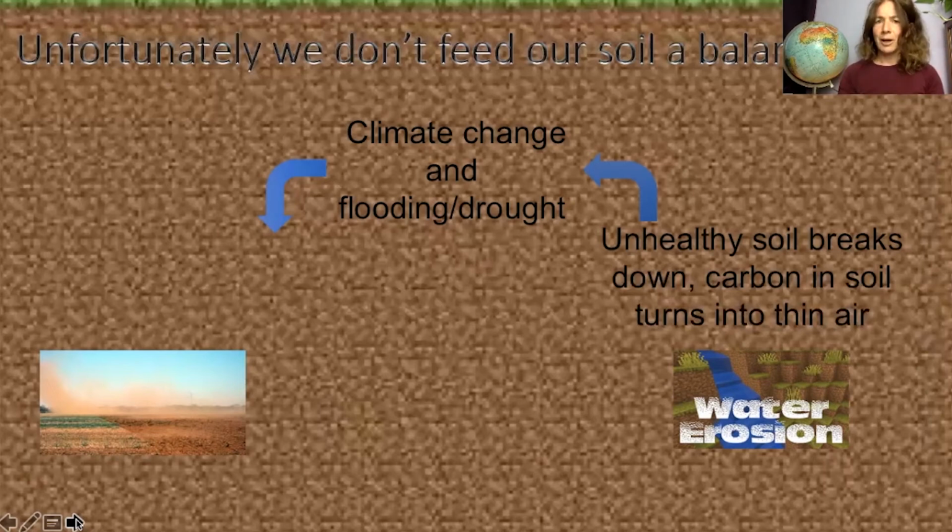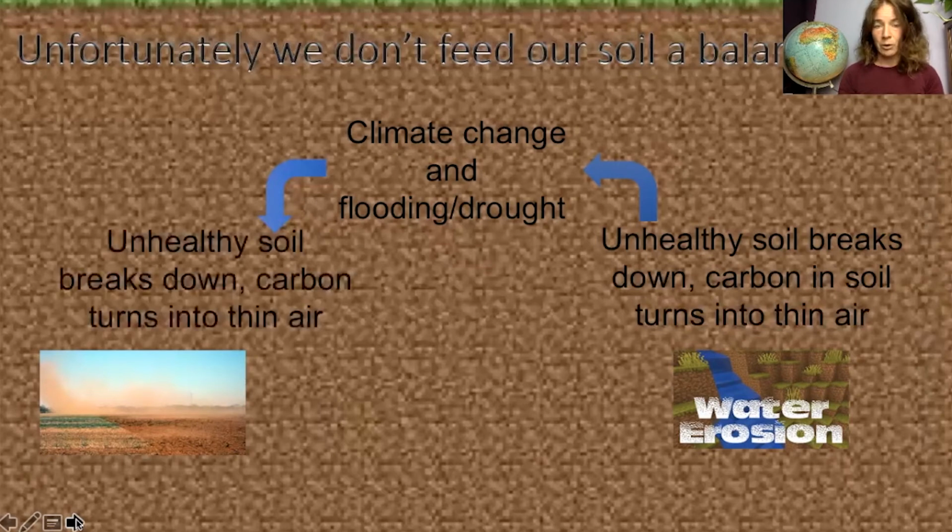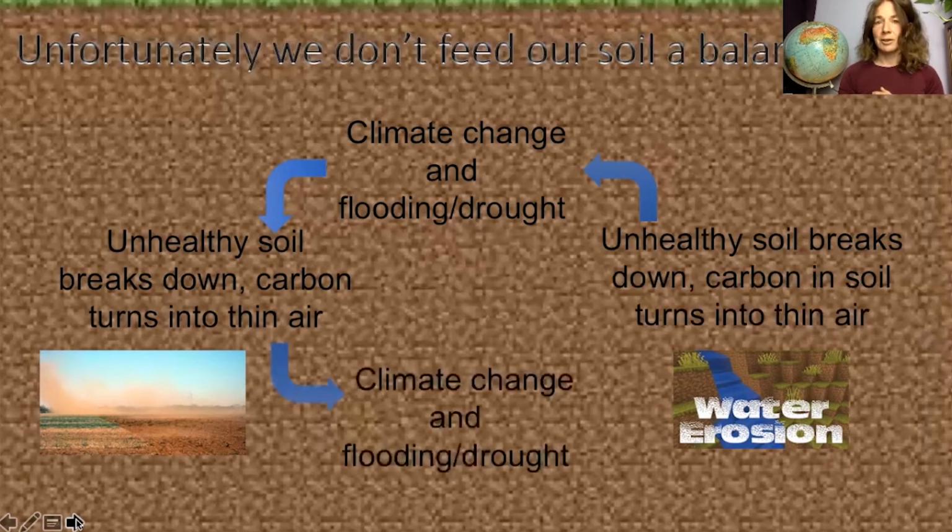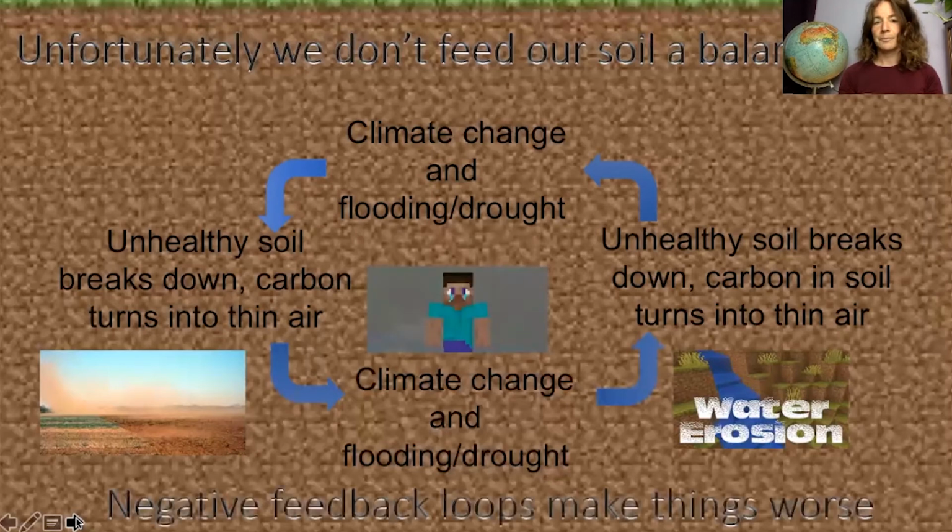And that flooding and drought washes away more soil or blows away more soil, which turns more of the carbon in the soil into thin air, into carbon dioxide and methane, which then contributes more to climate change and flooding and drought, which then breaks down more soil. So we're in this negative feedback loop. Negative feedback loops make things worse, and this is not a natural situation.